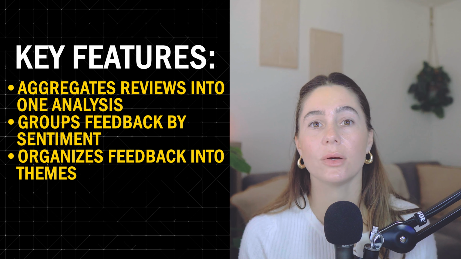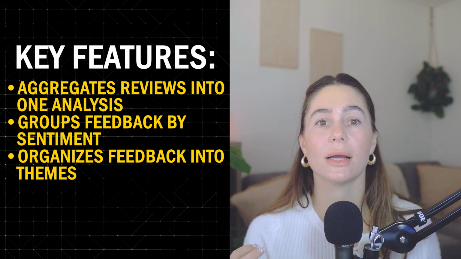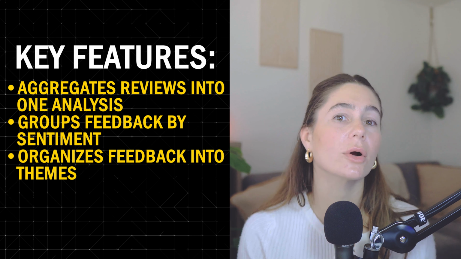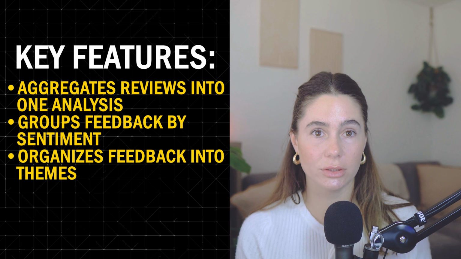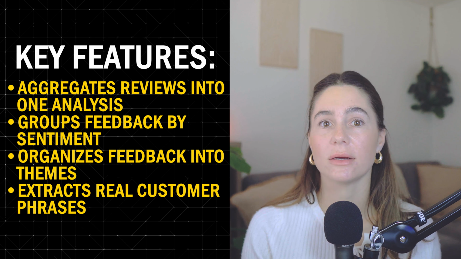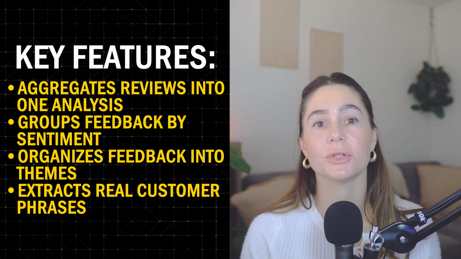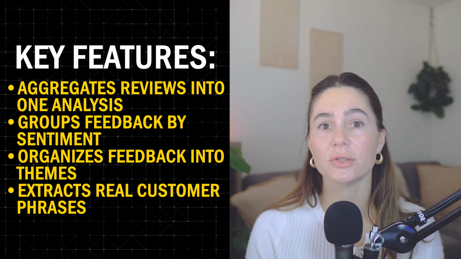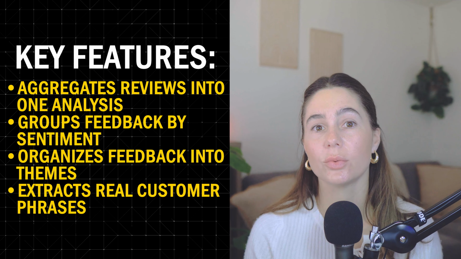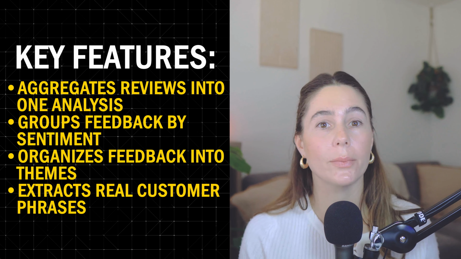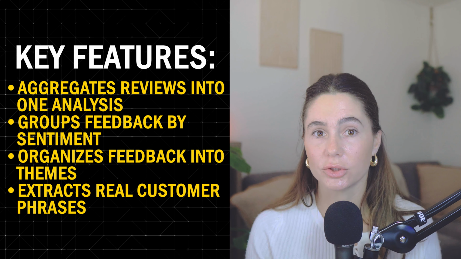So instead of seeing random comments, you'll see clusters like quality concerns, usability issues, expectations not met, or confusion around features. Another powerful feature is phrase extraction. It surfaces the actual language customers use when they complain. This matters because those words often point directly to what your listing needs to clarify. Overall, the platform helps you move from emotional reactions to structured insight.